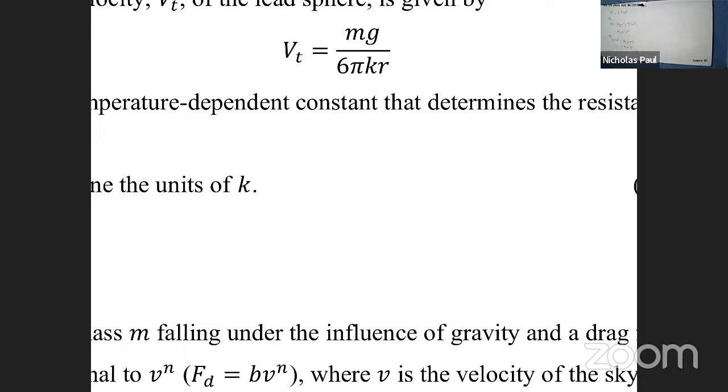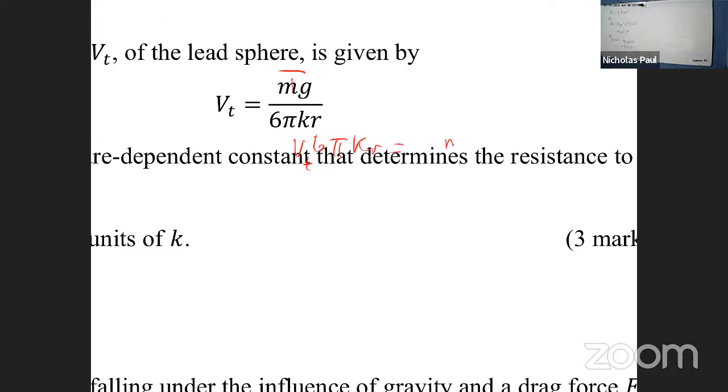So if you make K the subject, we can cross multiply the two fractions. And you will get V times 6 pi K R equals mg.